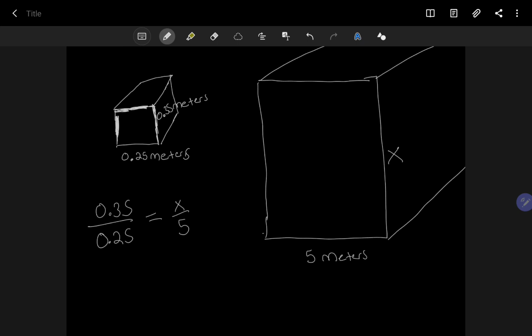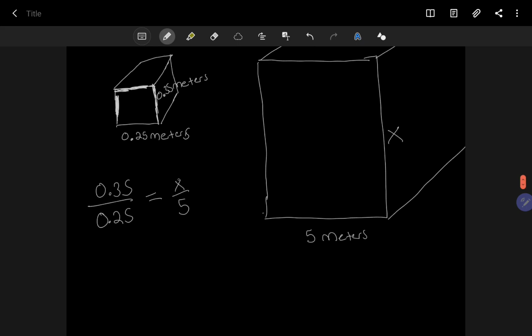And now I just need to solve for my x, which in this case I'm cross multiplying. And cross multiplying with the other one.